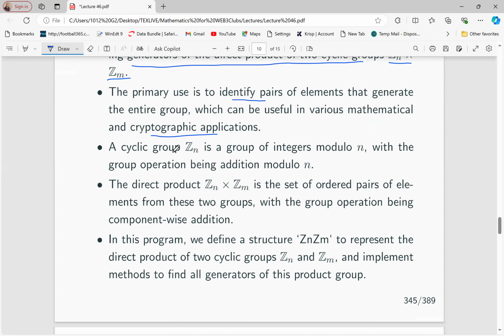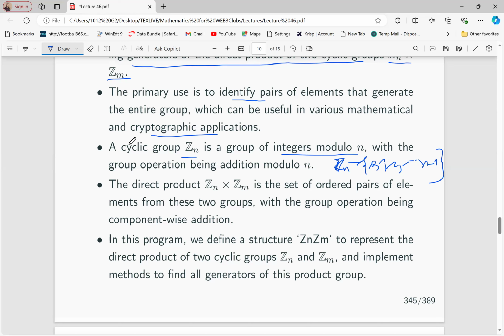This part I'm just reminding you that this group is cyclic, a cyclic group of integers mod n. When I say integers mod n, what I mean is 0, 1, 2, all the way up to n minus 1.